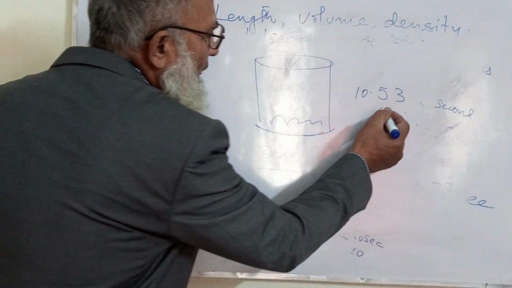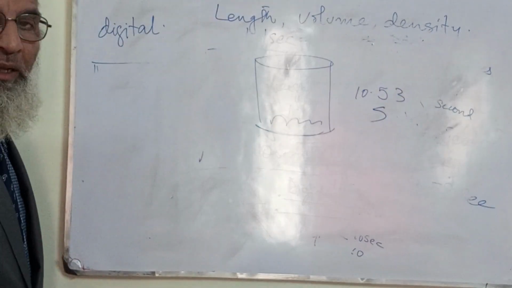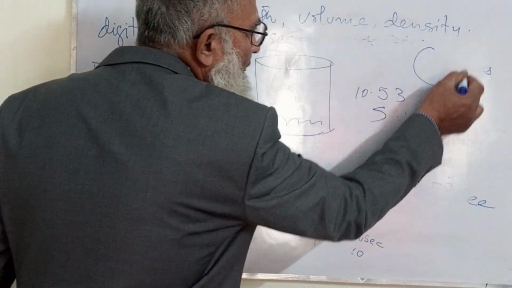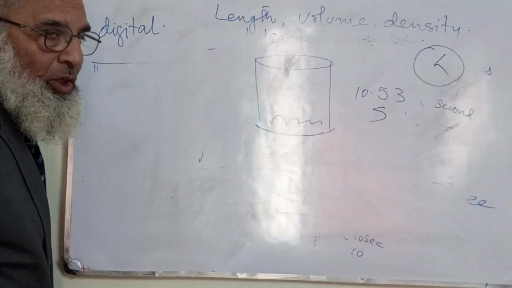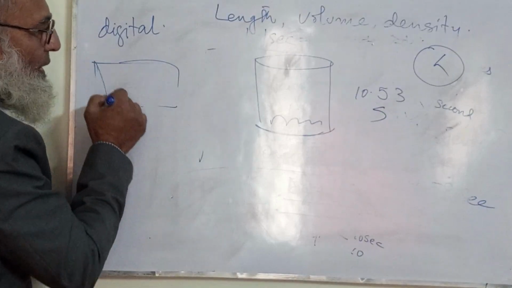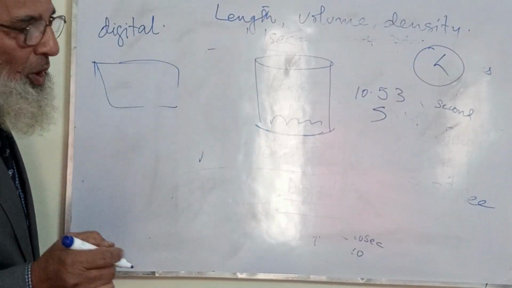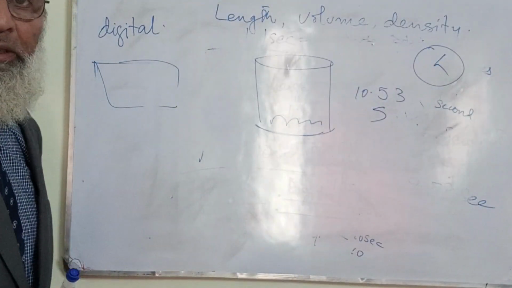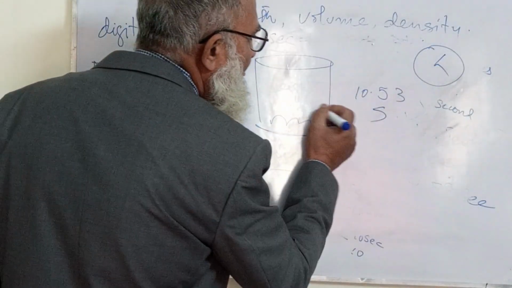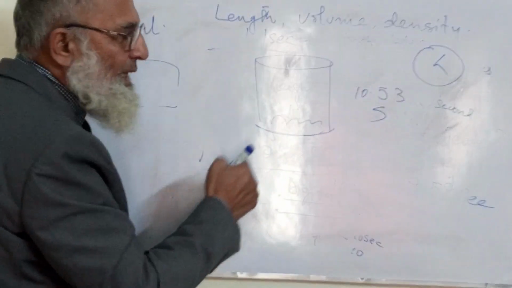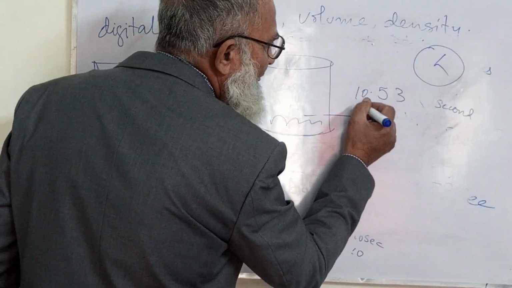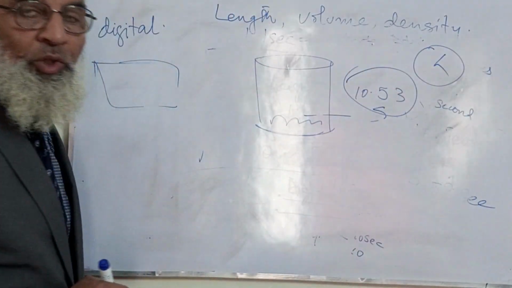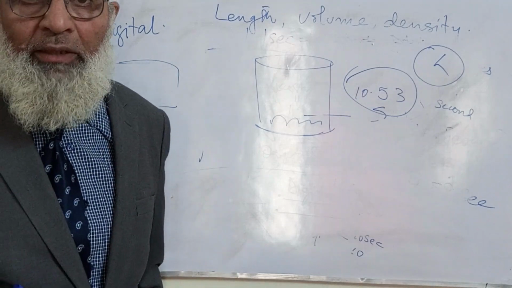What will you do? You will not use this clock. You will use a digital clock or digital stopwatch to note the reading of that chemical action at 10.53 seconds. You have to log that.